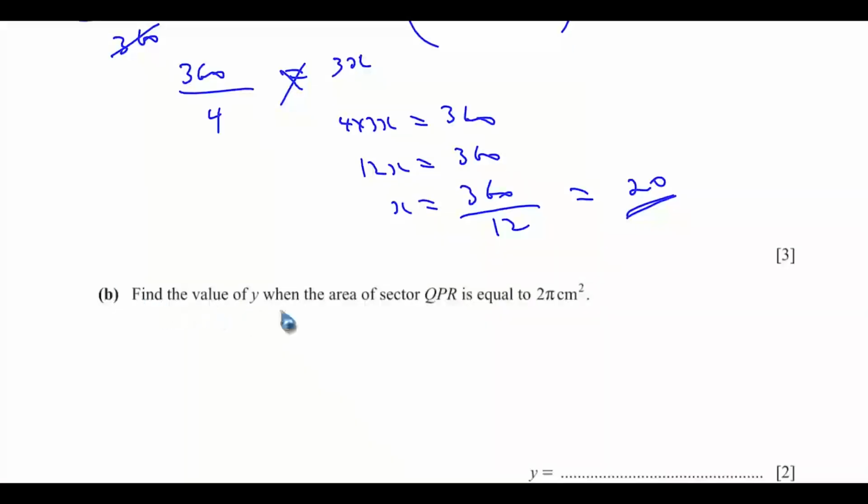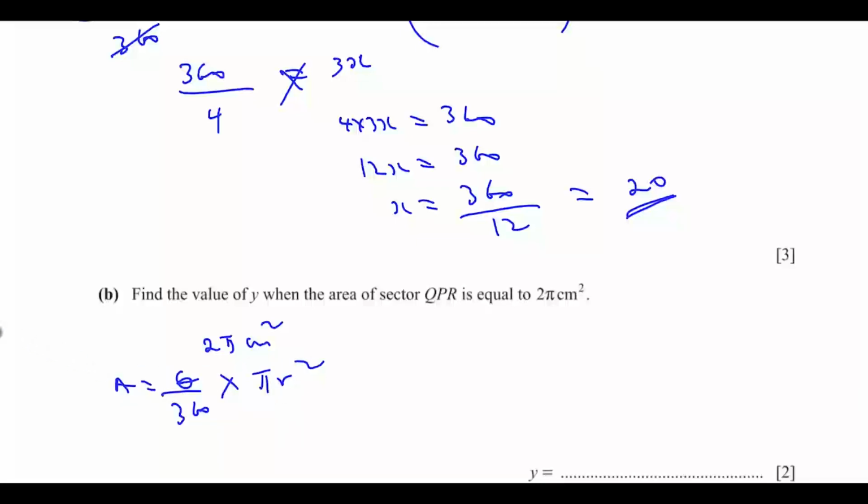Part B, find the value of y when the area of sector QPR is equal to 2 pi centimeter squared. So let's write 2 pi centimeter squared. The area of a sector is given by theta over 360 times pi r squared.